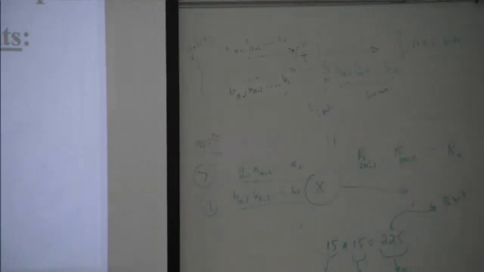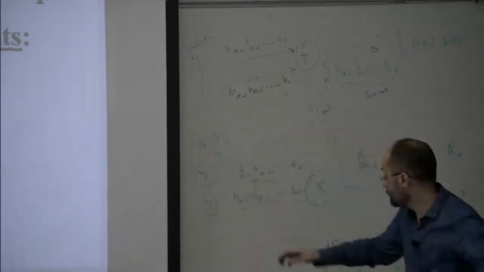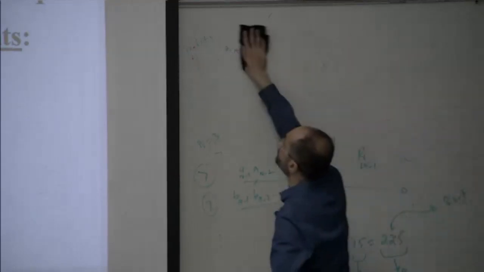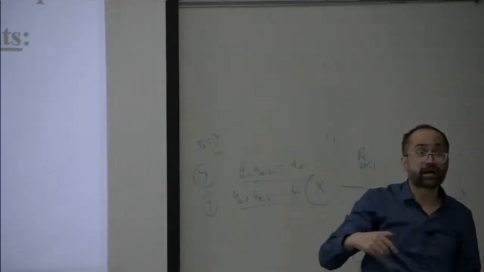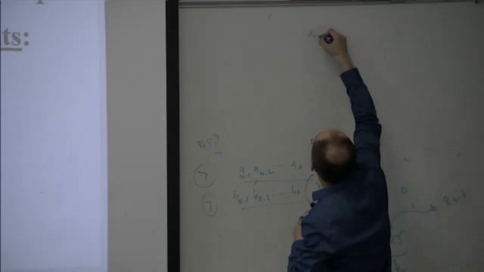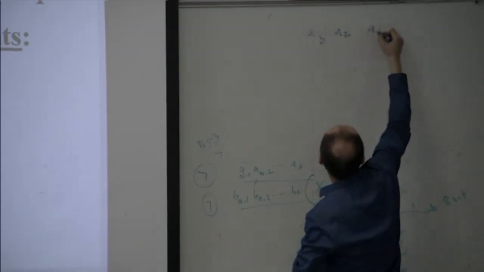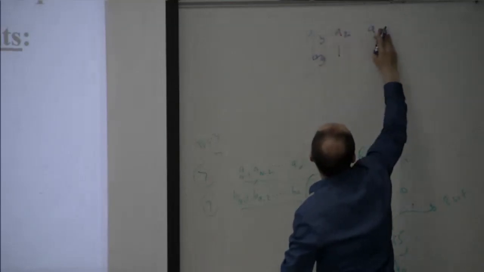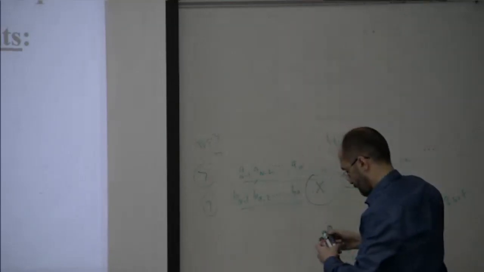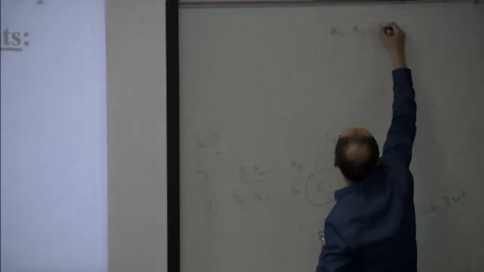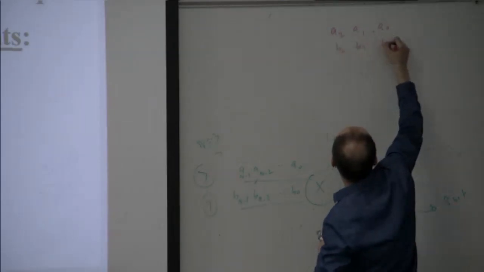Now I will explain with another small example how we compute it. Let's assume we are multiplying two n-bit numbers, a2, a1, and a0, and b2, b1, and b0.